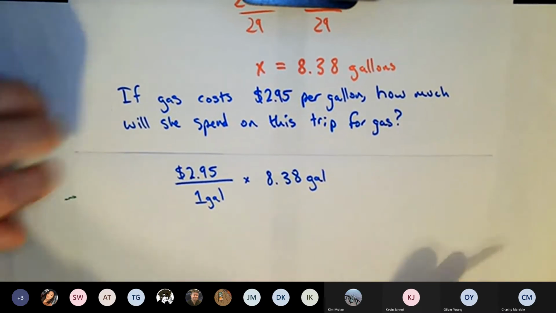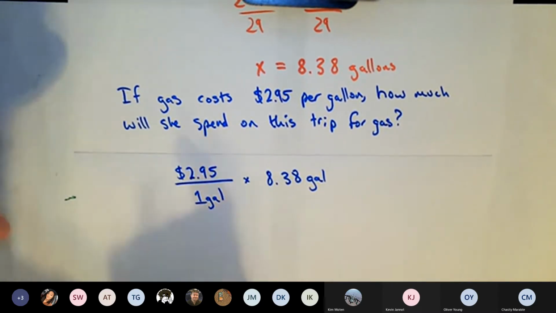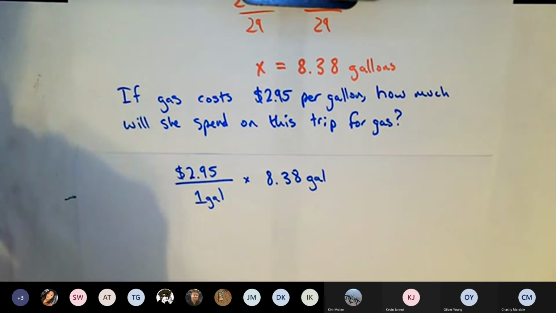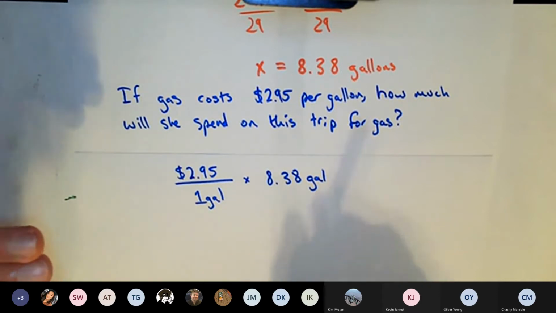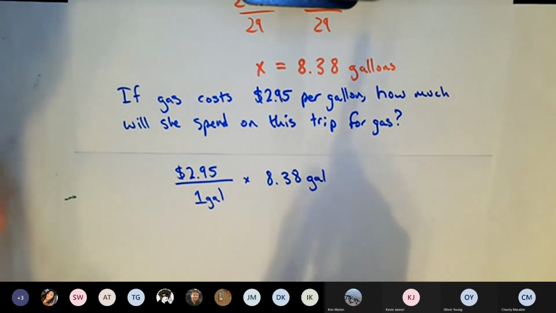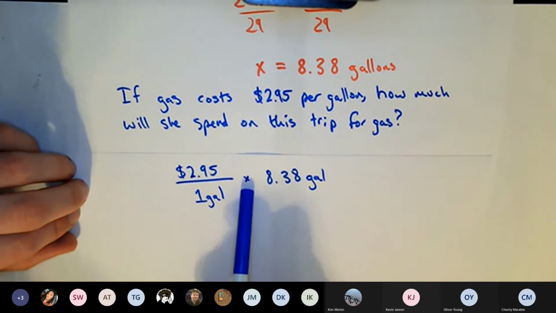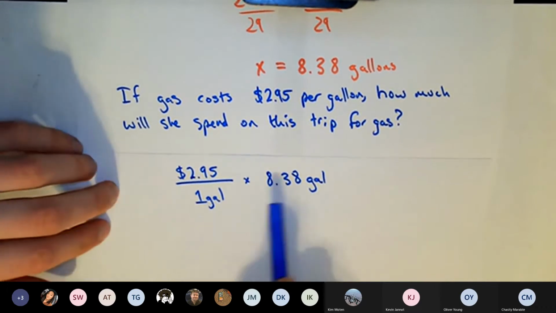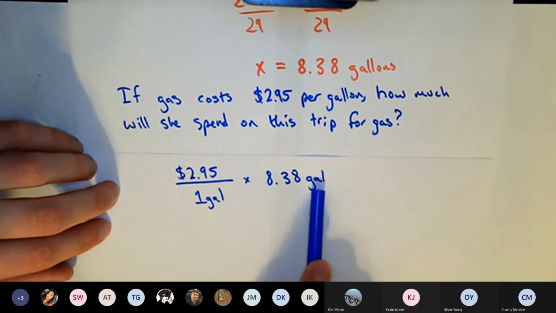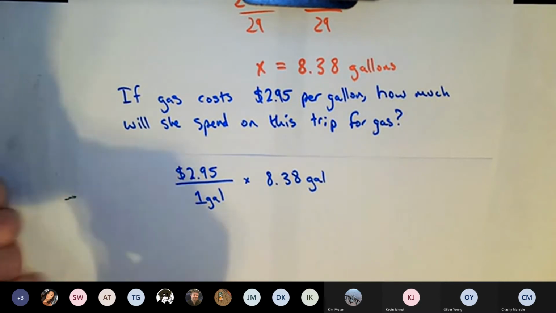And probably this makes intuitive sense to you, right? But if I really wanted to explain it to someone who it doesn't make intuitive sense to, I would say: make it so that when you do whatever operation you're going to do, the units cancel. The gallons should cancel, and I should end up with just a dollar amount.